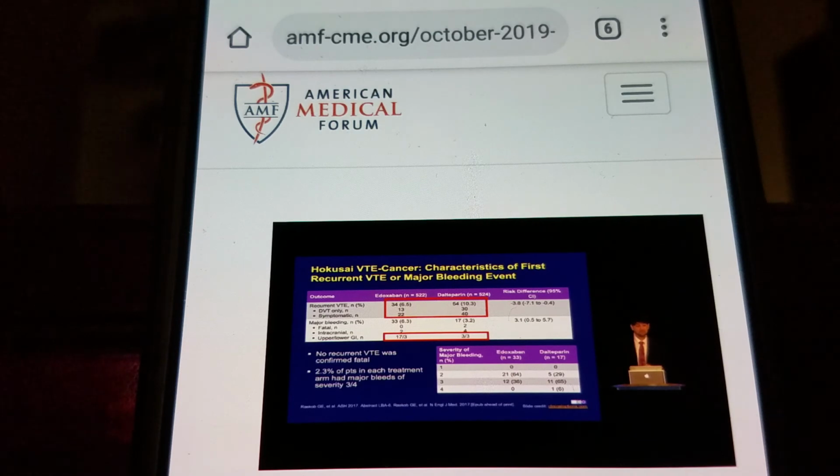So we see this a lot. DOACs in patients who are at risk for upper GI bleeding, let's say a patient with esophageal cancer or stomach cancer, very, very reluctant to start them on a DOAC. I would much rather prefer a heparin-based strategy, just because the bleed rates are dramatically higher for DOACs compared to heparin-based strategies, okay?